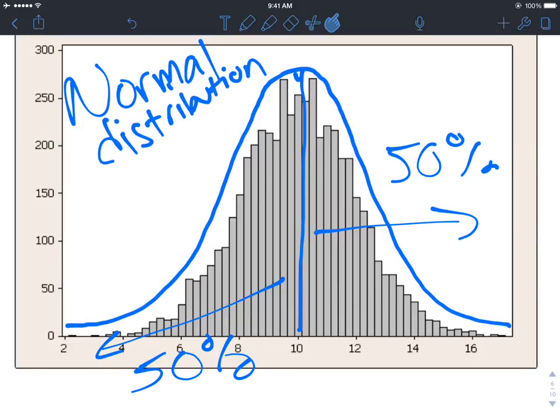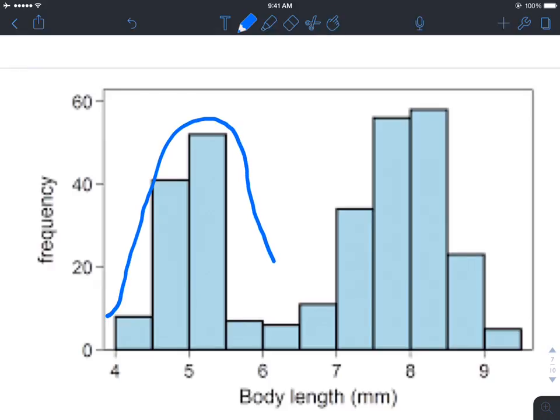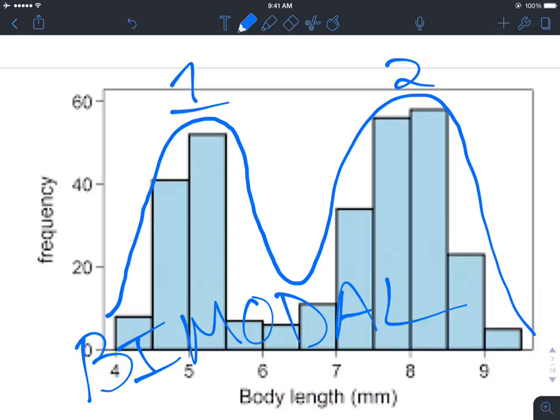The last type of shape we'll look at, notice this has two peaks, and this is called a bimodal distribution. So you got four choices: slightly skewed left, slightly skewed right, approximately normal, approximately bimodal.